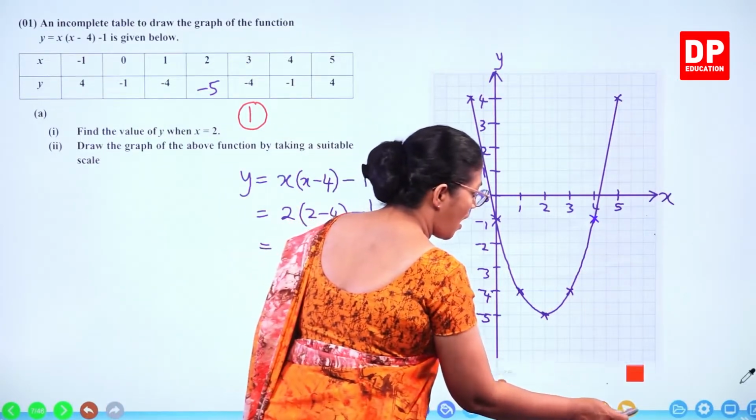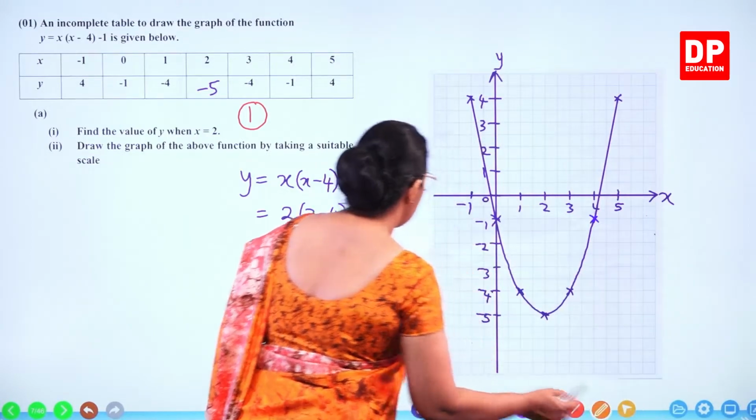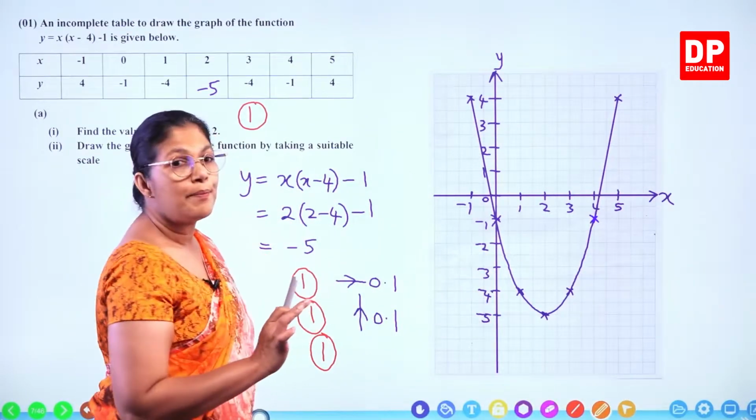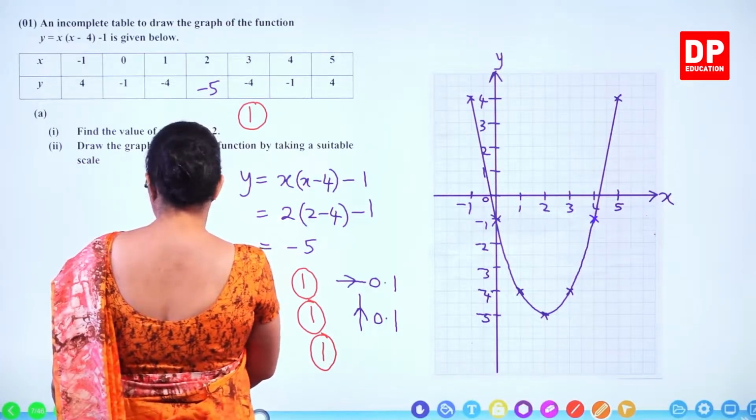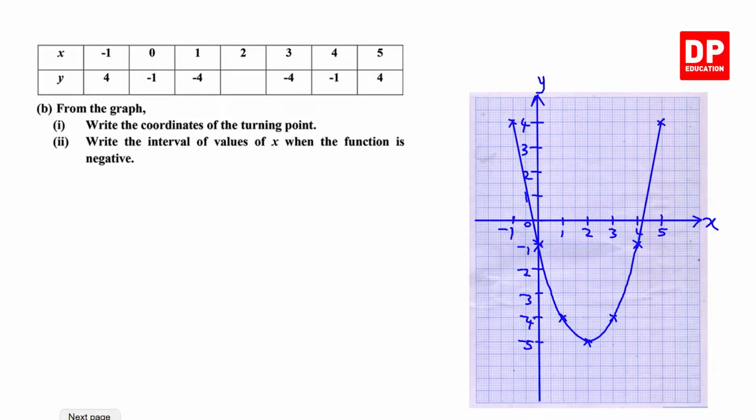Let's use this graph to find the answers for the other parts. Let's do part B. From the graph, write the coordinates of the turning point. Here the turning point is a minimum point. What is the coordinate? 2, minus 5. So the coordinates of the turning point are 2, minus 5.